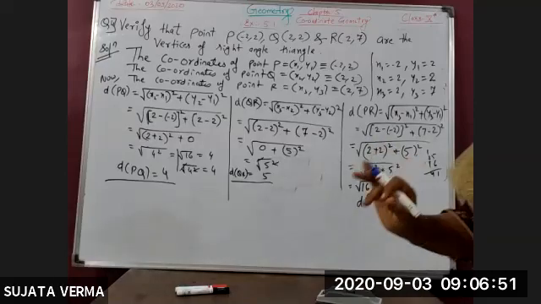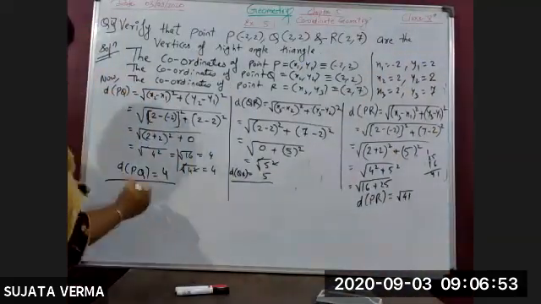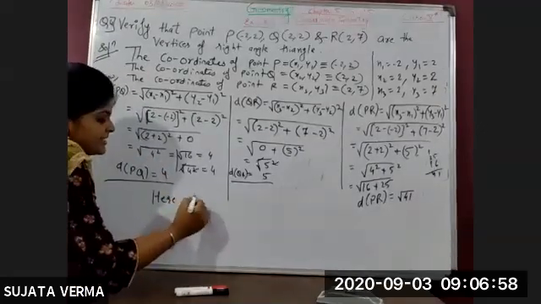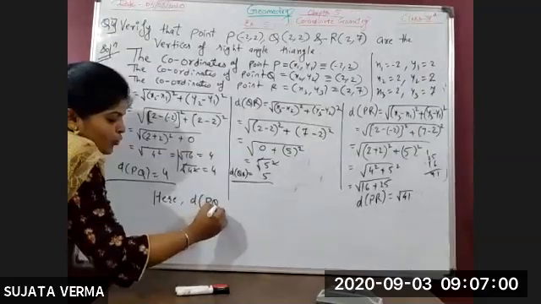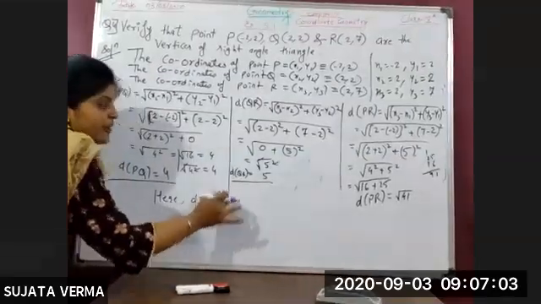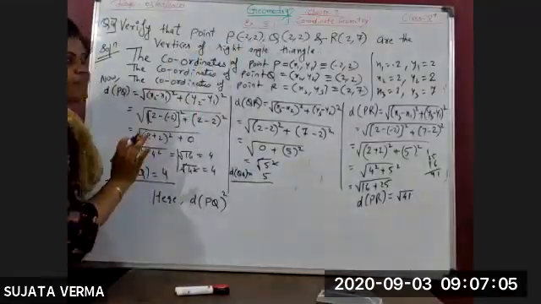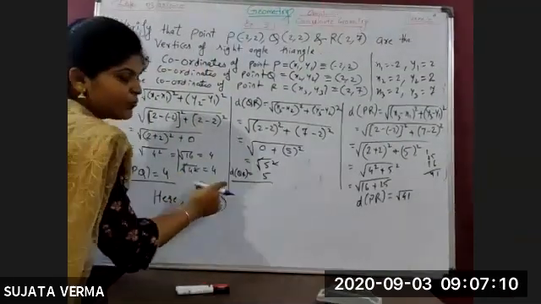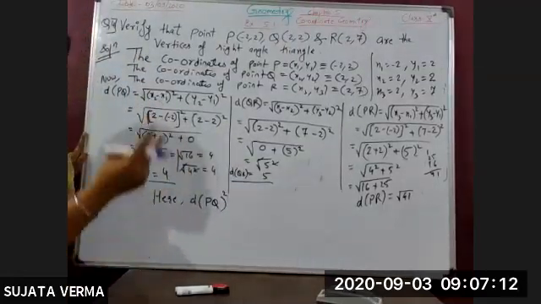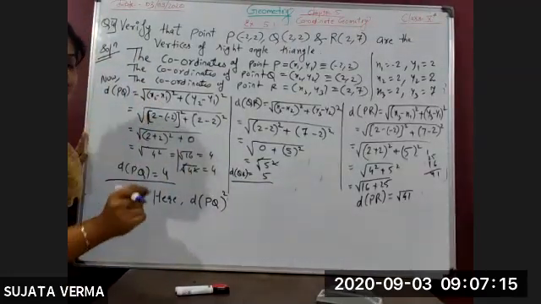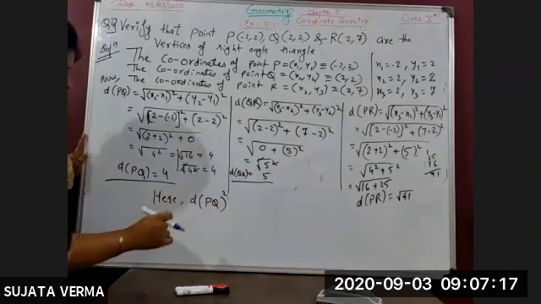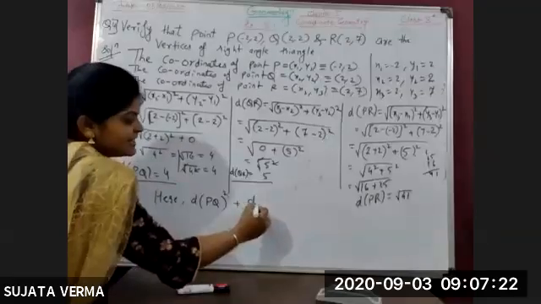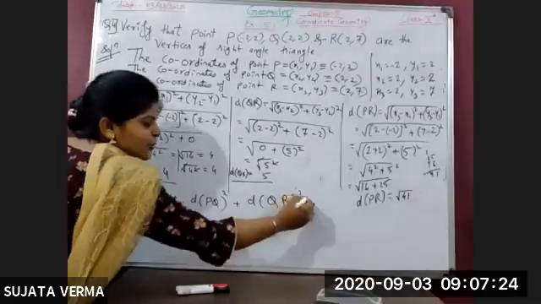Now we check. We have to show that PQR are the vertices of a right angle triangle. Then we check which of these three, which of the two sides' squares is equal to the square of the remaining third side. So first we take the distance of PQ square plus distance of QR square.